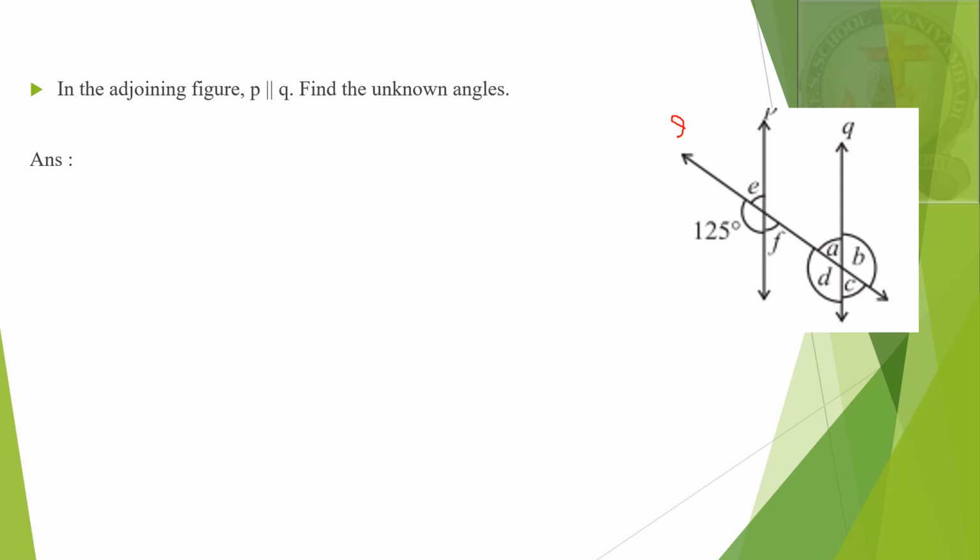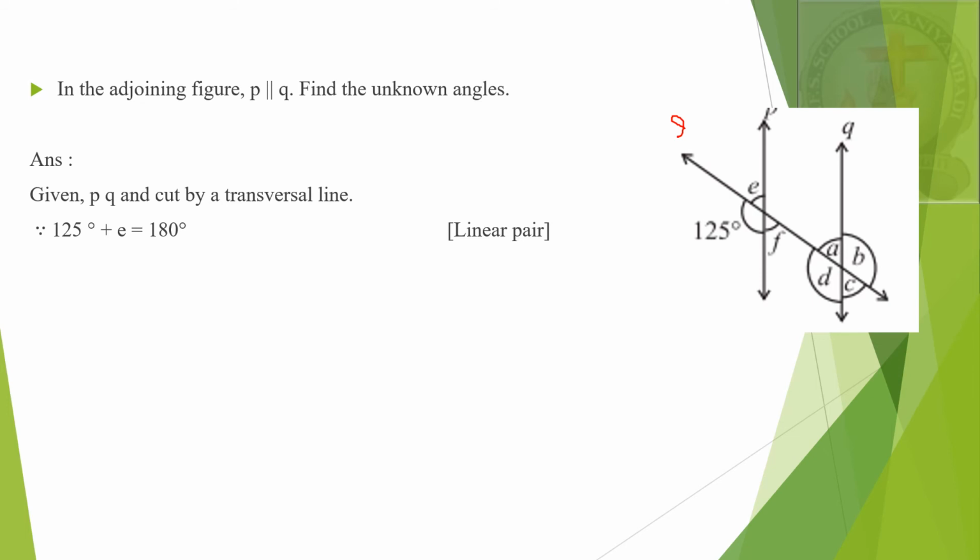Since P is a straight line, it measures 180 degrees, which means 125 degrees plus E is equal to 180 degrees. Since P is a straight line, the measurement of a straight line is 180 degrees. So if you add 125 plus E, you will get 180.